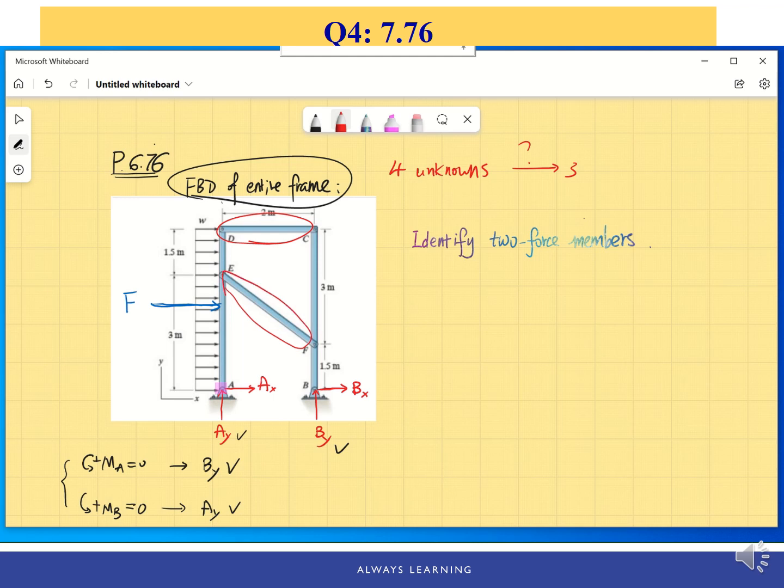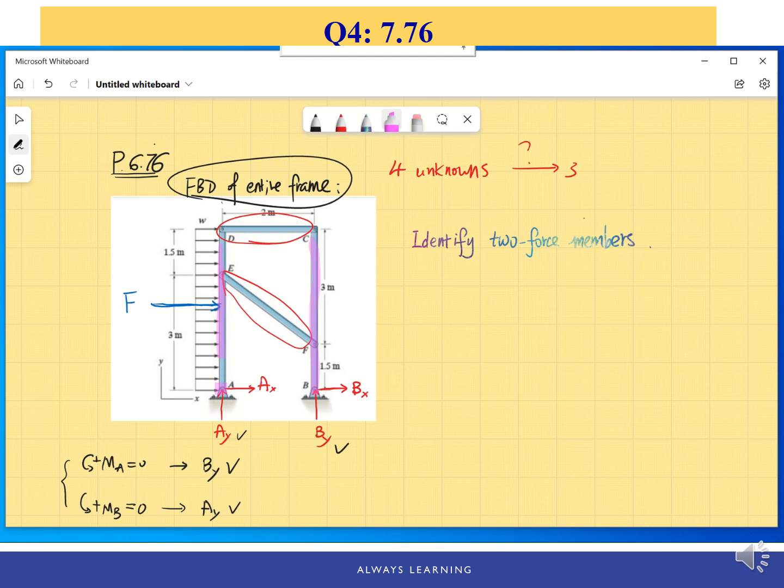And after identifying the two force members, it also gives us a clue which is the other free body diagram we need to draw. So we can either draw the free body diagram of the member CB or the free body diagram of the member AD. In other words, when you take away the two force members, the left members are the ones you want to choose from.